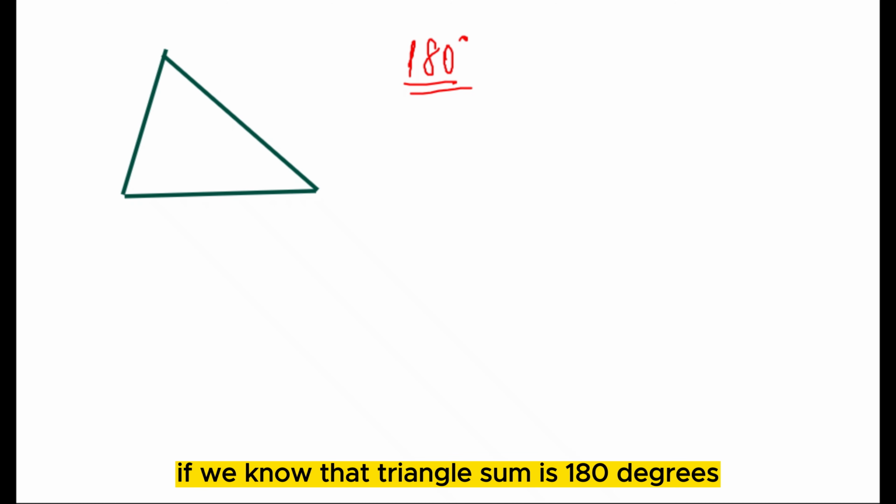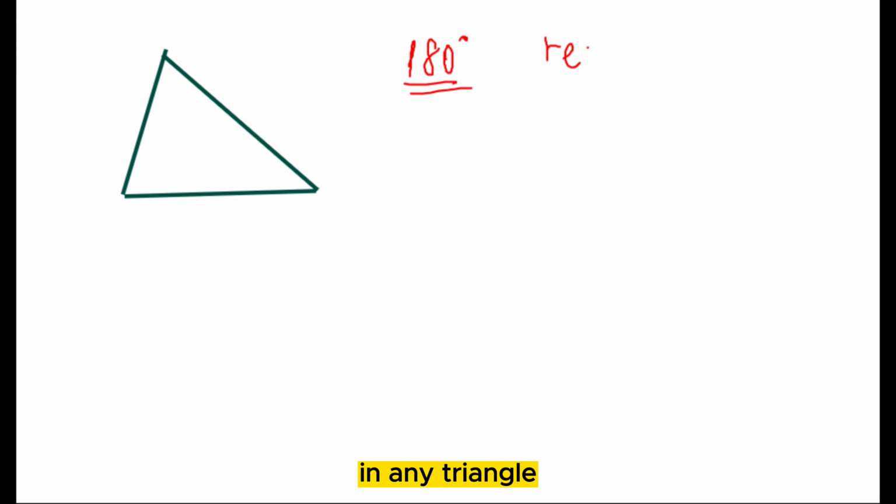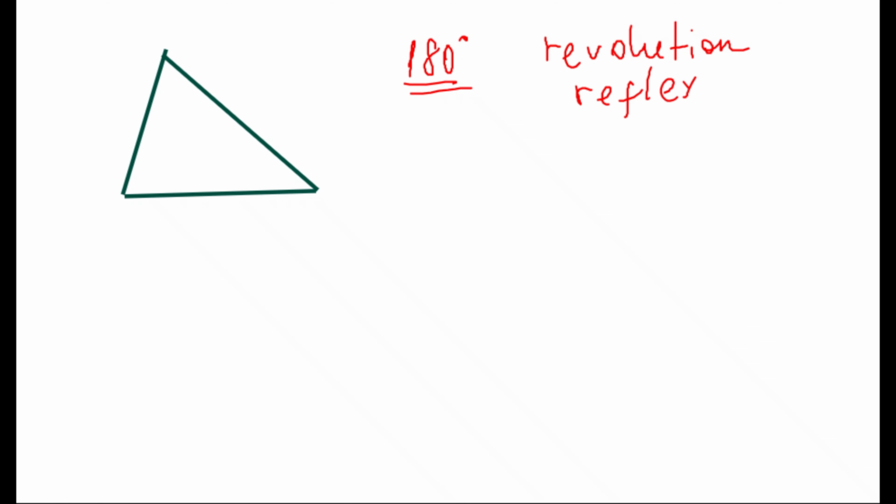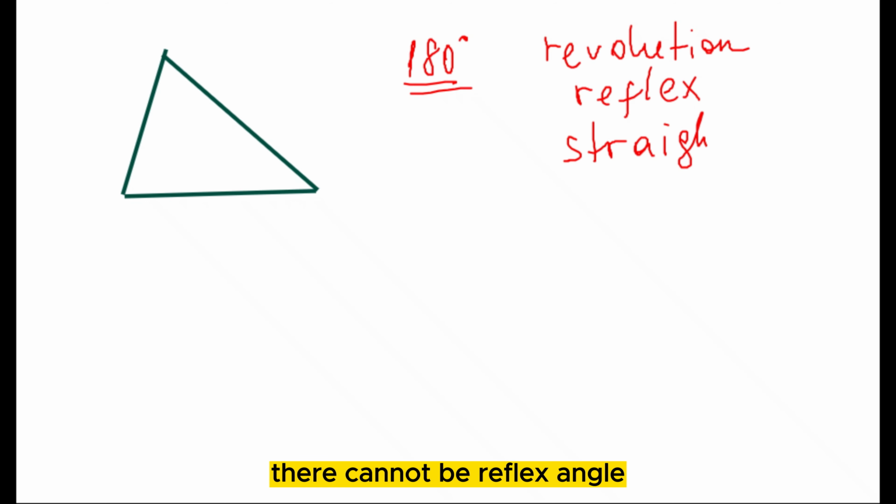If we know that triangle sum is 180 degrees, so three angles add up to 180 degrees in any triangle, it means there cannot be a revolution, there cannot be a reflex angle, and there cannot be a straight angle.